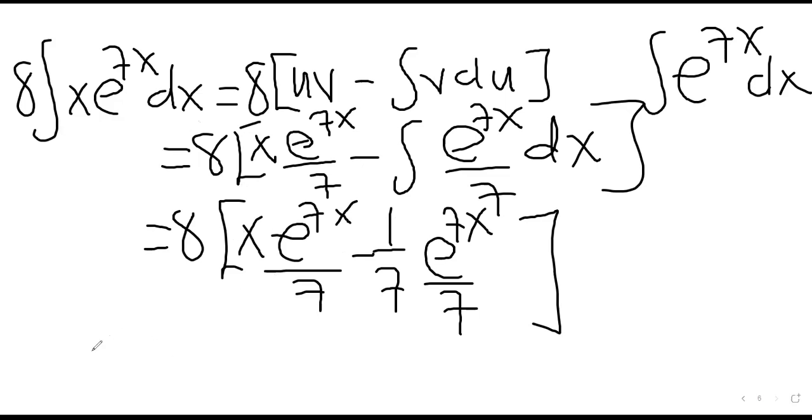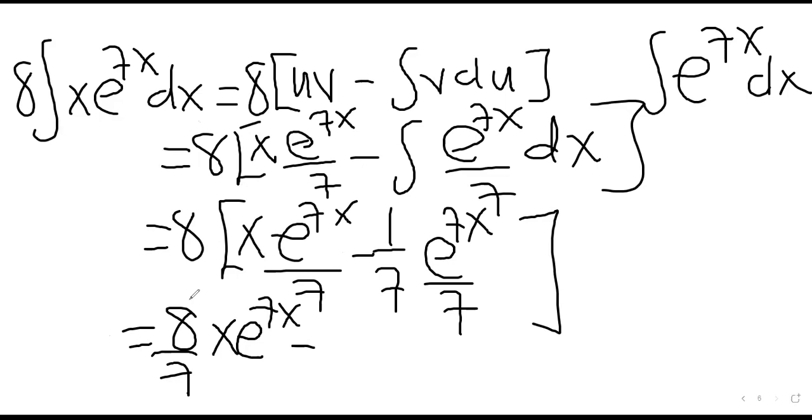So from here, you can now simplify this. You say 8 over 7. We are distributing this 8 here. So 8 is multiplying everything inside here. So it is 8xe^(7x) over 7 minus 8 over 7 e^(7x) like that.